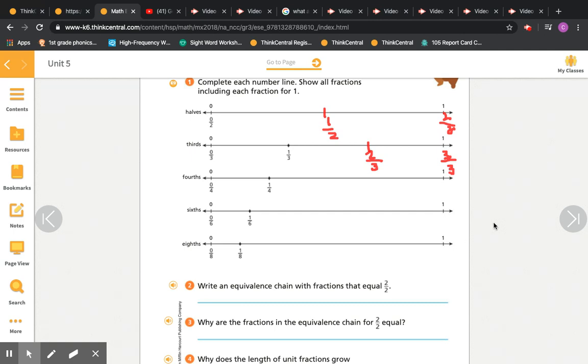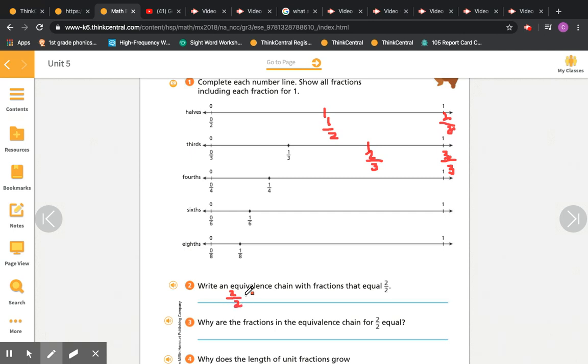So basically what you're going to do is look at the fractions that are labeled on the number ones in your number line, and you're going to form an equivalence chain. What is an equivalence chain? It's just for you to write the fractions that you have on number ones. For example, 2/2, you write them over the line.